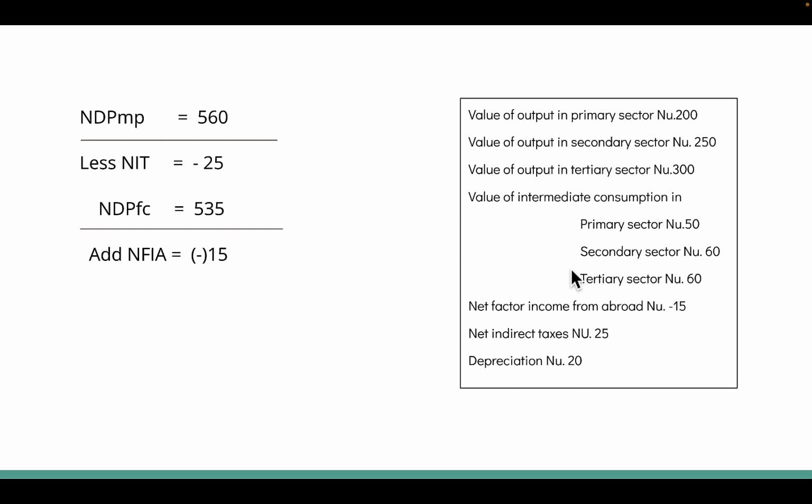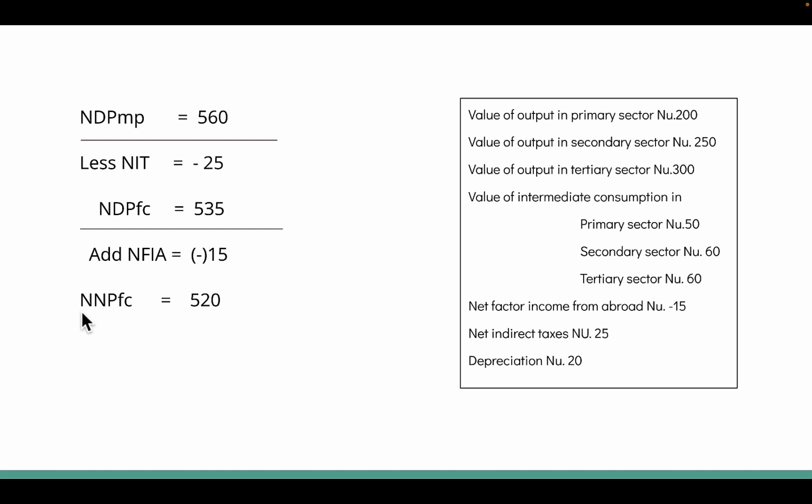Here, since they had directly given the net factor income earned from abroad, it is negative. It is negative because the income that we are paying to the rest of the world is greater than what we are receiving. Therefore it is a negative figure, so since the figure is negative, we have to deduct the net factor income earned from abroad.